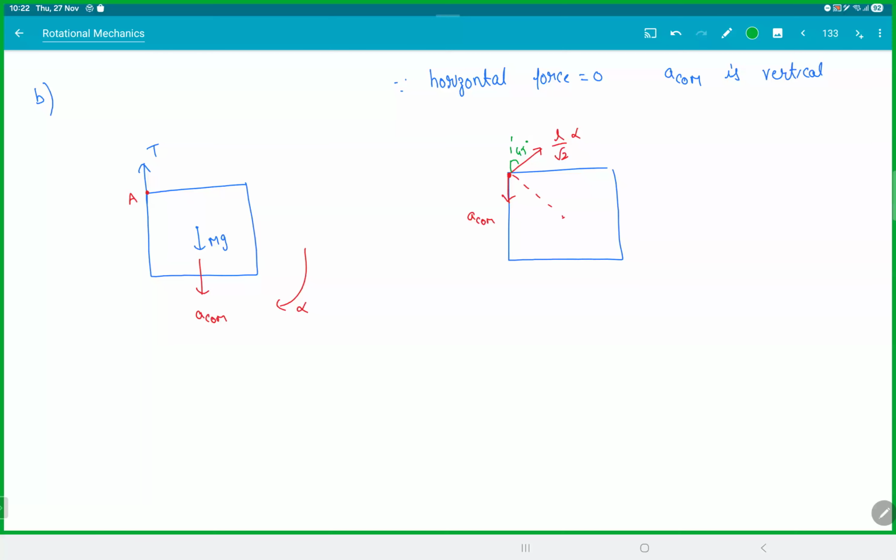Since the string is always tight, you cannot go up and down. If you go up, the string will become loose. If you come down, then the string will break. So acceleration of A along the string must be zero. That is your constraint, because the string cannot stretch. Must be zero.